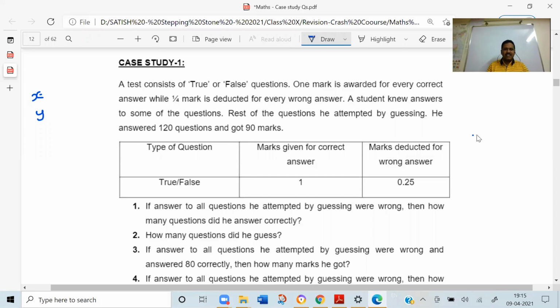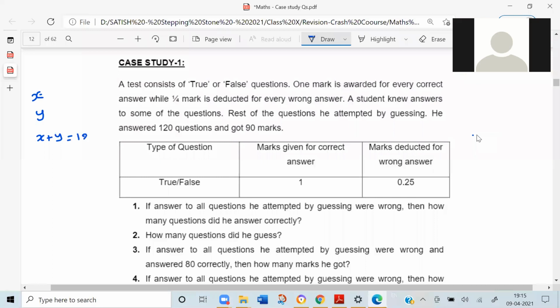Then tell me what the equation relating X and Y is. X plus Y equals 120. Correct. Because we have taken X as the number of questions done correctly and Y questions are wrong, the total number of questions is 120.